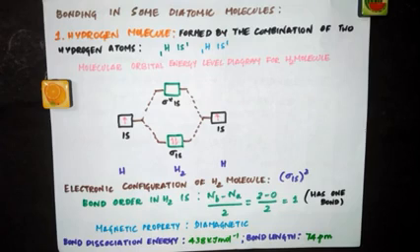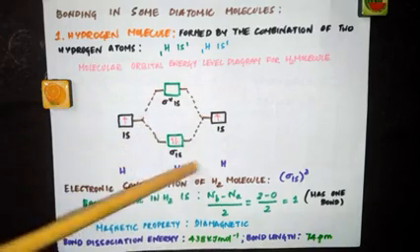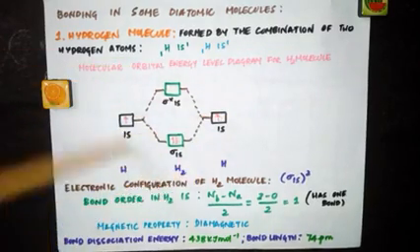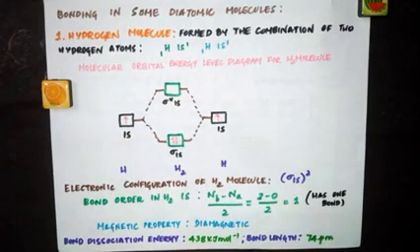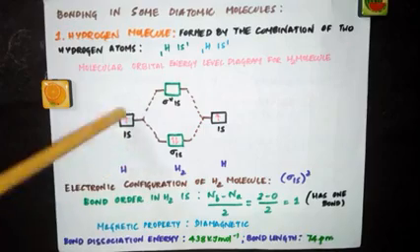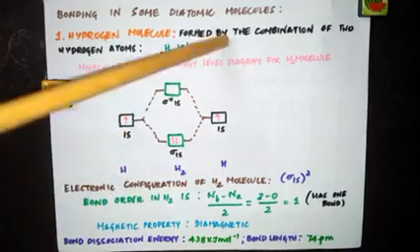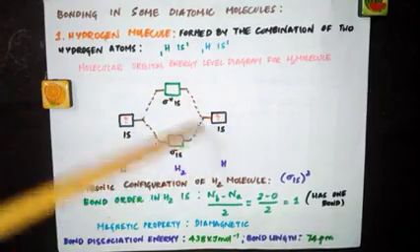Both these electrons are to be accommodated in the lowest molecular orbital. As per Pauli's exclusion principle, both of these electrons should have opposite spins. So this will be the molecular orbital energy level diagram for H2 molecule. So you have 1s from this hydrogen atom, and 1s from another hydrogen atom.